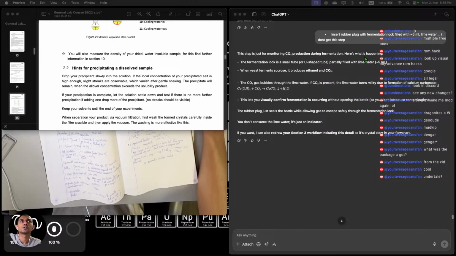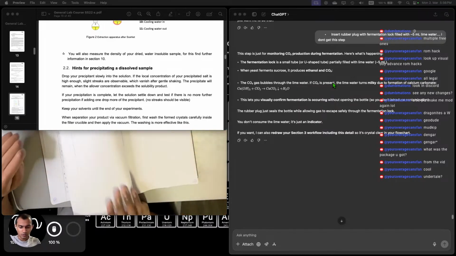Participating in production during fermentation. The fermentation lock is a small U-shaped tube, partially filled with lime water. When yeast ferments sucrose, it produces ethanol and CO2. Okay.